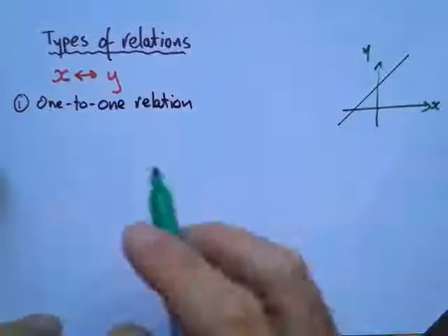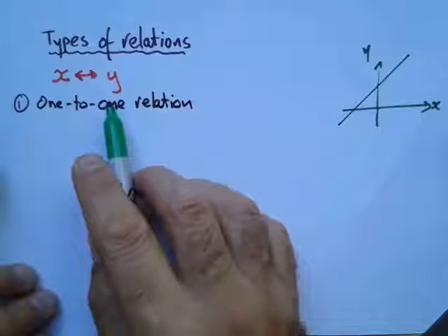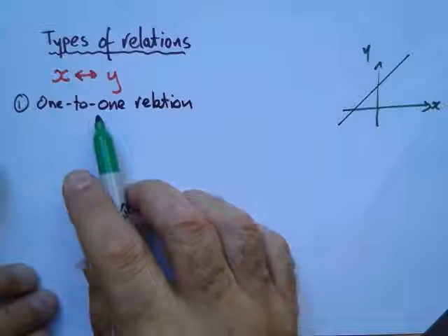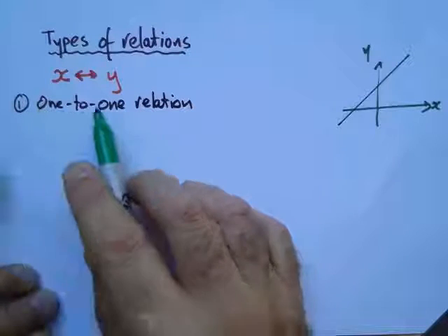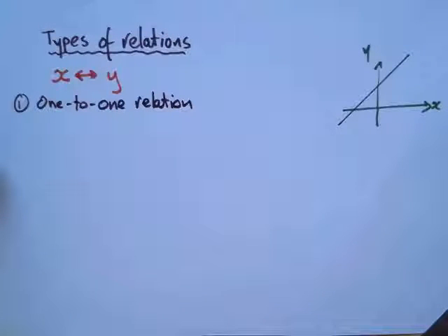When I look at the one-to-one value, remember this is my y. So for every one y, I have an x. So I'm going to look at the y values. I'm going to see for one y value, how many x values do I have?